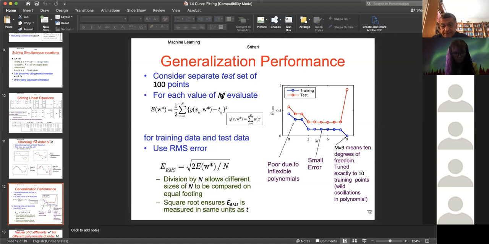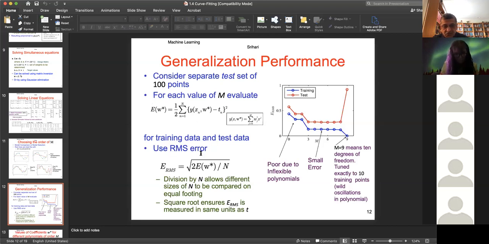Here m is the model complexity, going from 0, 3, 6, 9 degree of polynomial. And you're computing not E(w*), which is the standard definition of the sum squared errors.